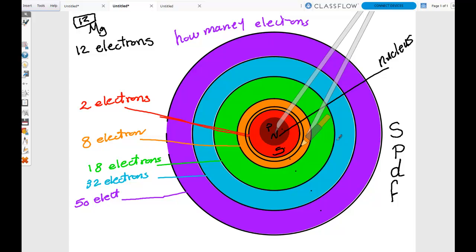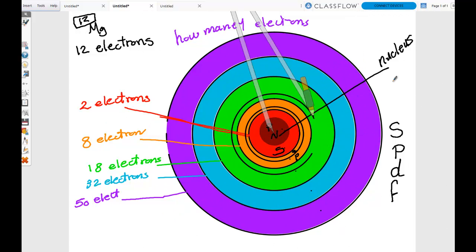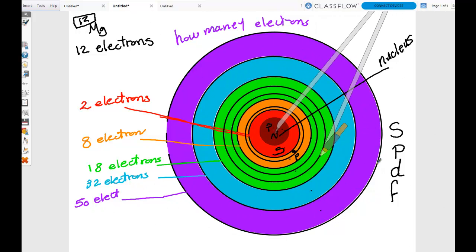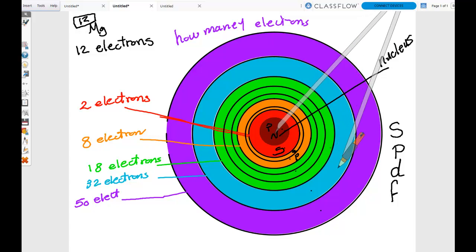So the first subshell we call S, and the second subshell we call P. The third shell has 3 subshells, so we will call them S, P, and D. The first one we'll call S, the second one P, and the third subshell will be called D. So for the green one, we have S, P, D. That's number 3.